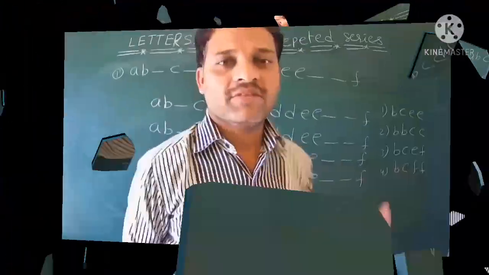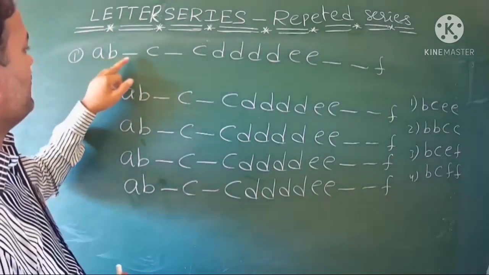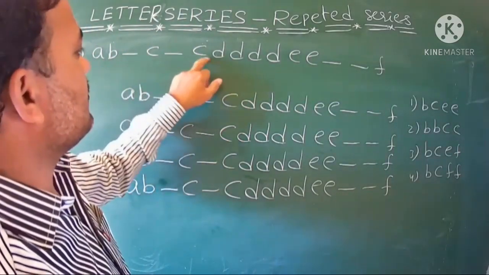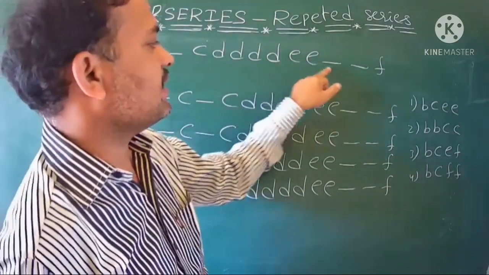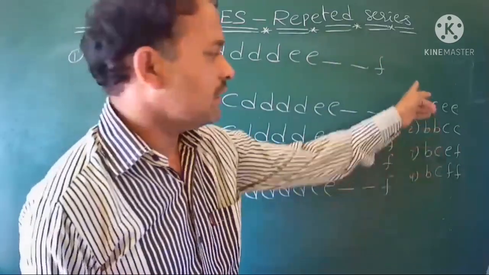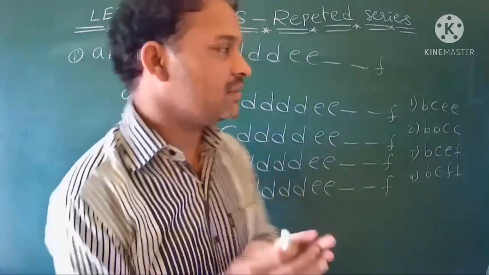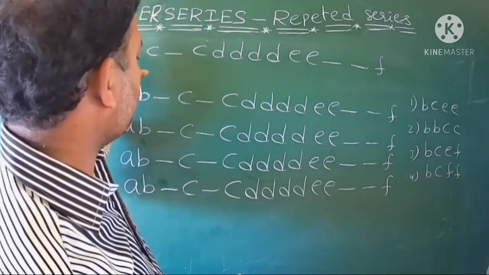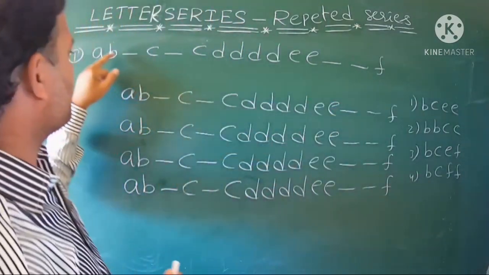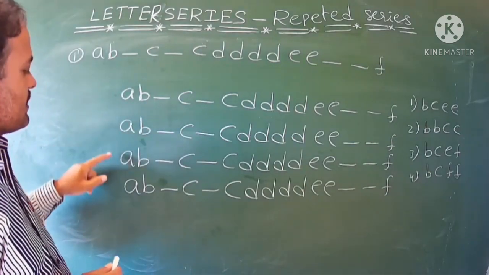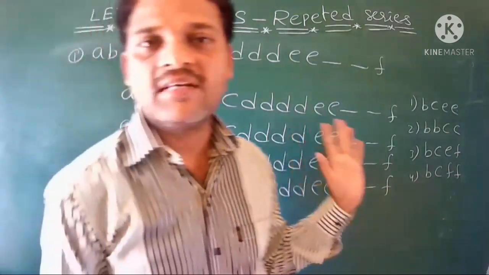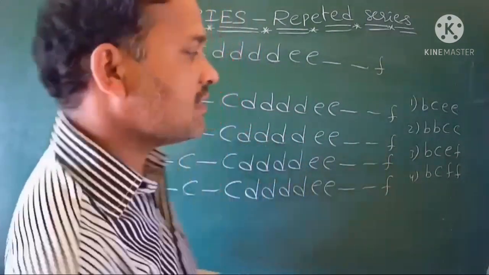So once observe the first question: A B dash C D dash D, E E dash F. Here four options are given. So first of all, how to solve this sum? Since four options are there, write the given question four times, and after that substitute in the options.